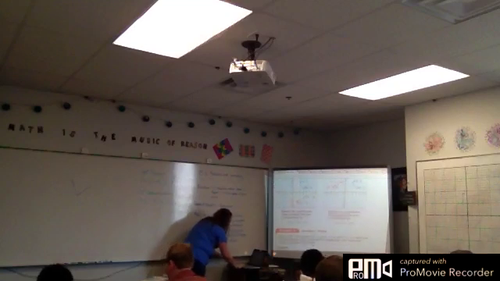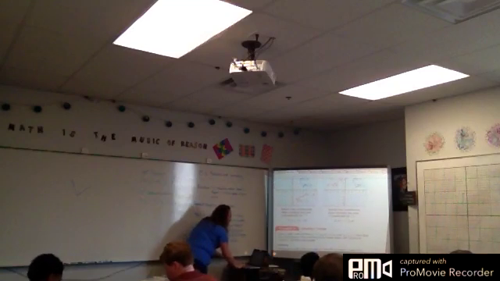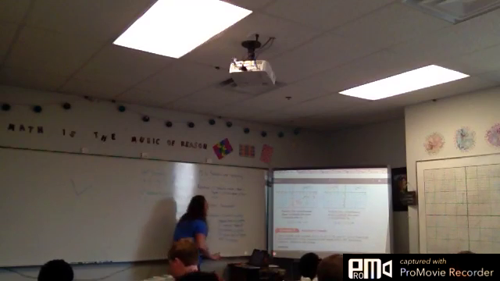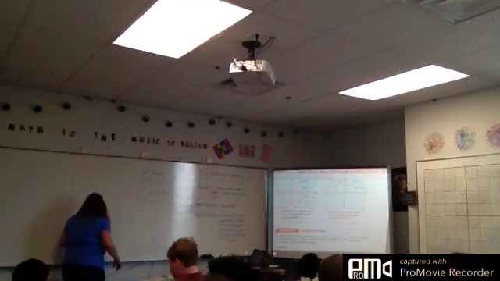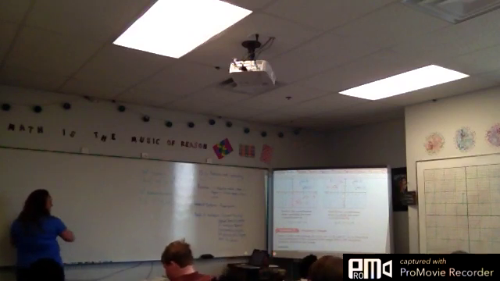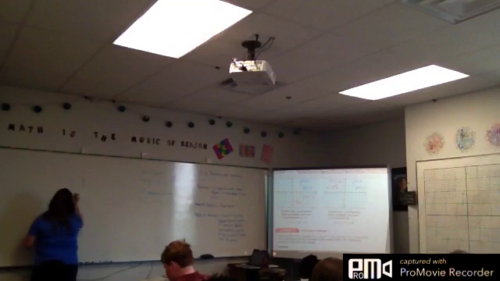So then we get to this problem here, and I'll read it and we'll do it together. It says, draw a triangle ABC with the vertices of A at -3, 4.